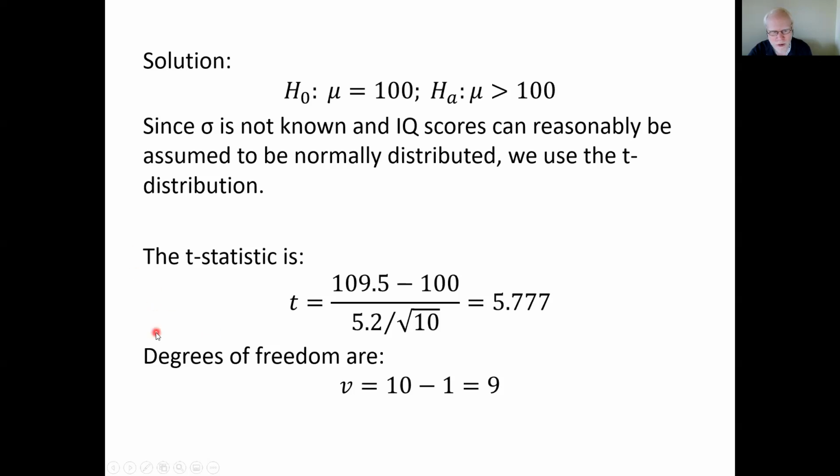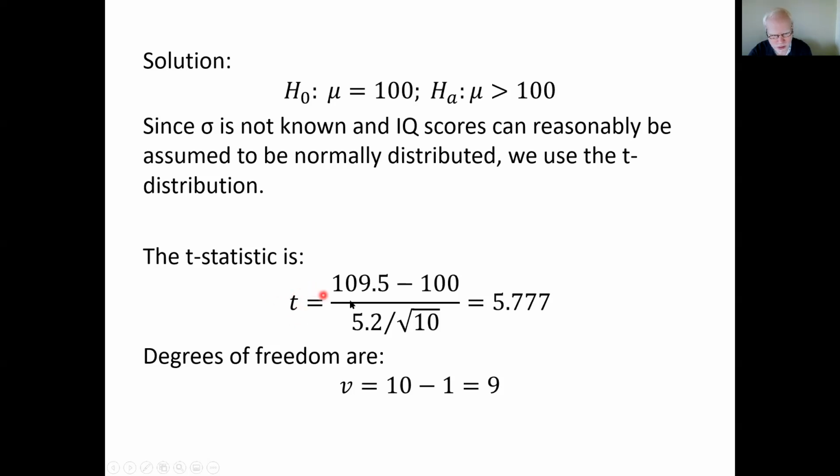So whereas when we were working with the normal distribution last time, we started by finding the z statistic, here we start by finding our t test statistic, right?